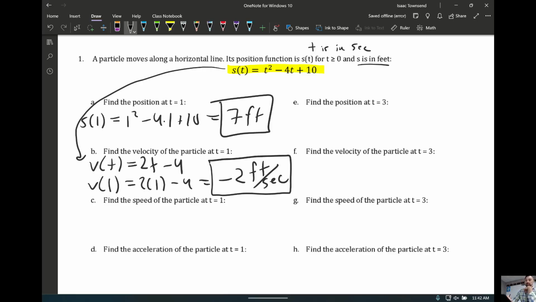Okay, for part C, the speed of the particle at 1 second. Well, speed is just the absolute value of velocity. So the speed at 1 second is going to be the same as the absolute value of the velocity at 1 second. So 2 feet per second.